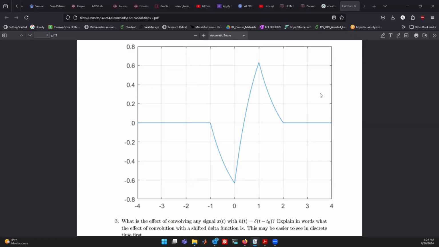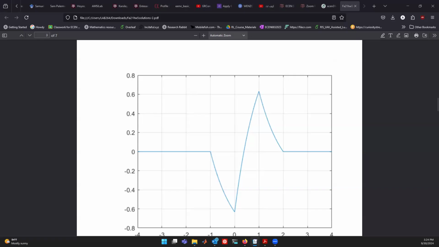So it looks something like this until 1, and then from 1 to 2 we have also some constant, and then a decaying exponential.